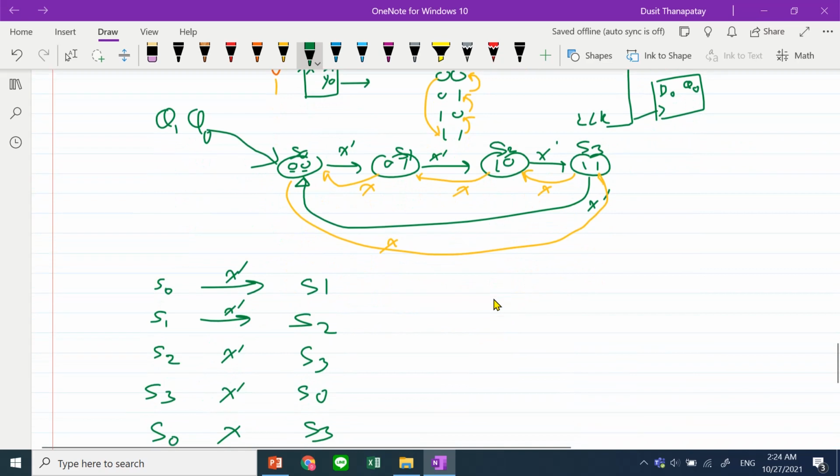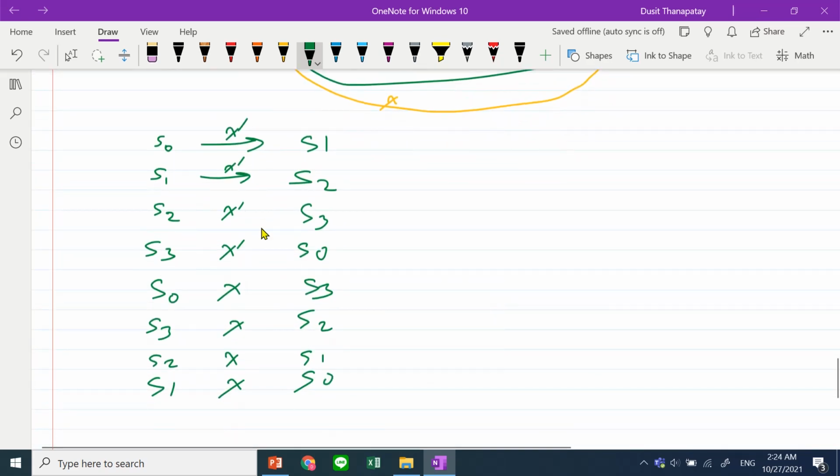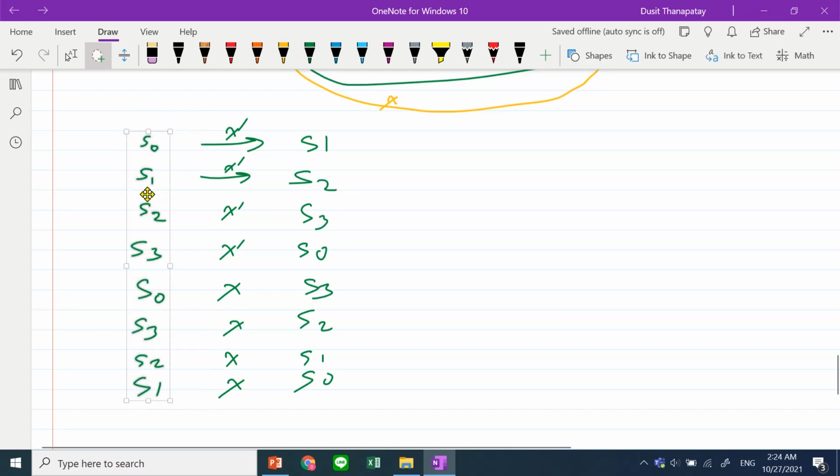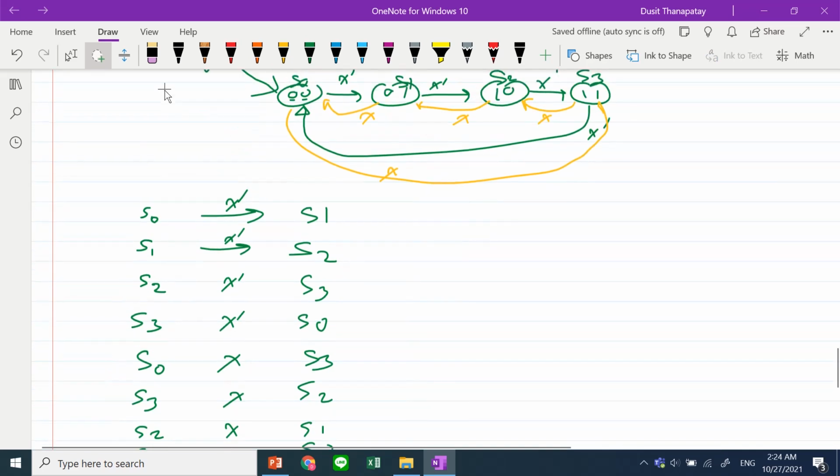So now for state assignment, the value of q1, q0 is 0, 0.